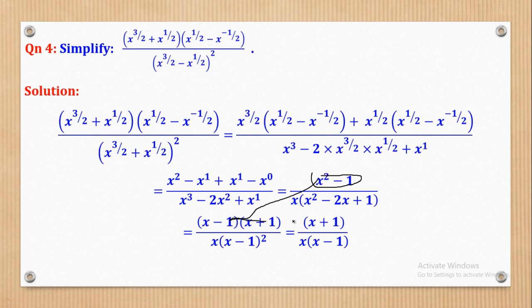Then for the denominator also, this one can be factorized because the sum is negative 2 and the product is 1. Therefore the factors will be still the same, negative 1, negative 1. That is why you see here it is a repeated root, repeated factor. Now from there, realize that this and this one power can cancel, so we remain with x plus 1 over x minus 1.